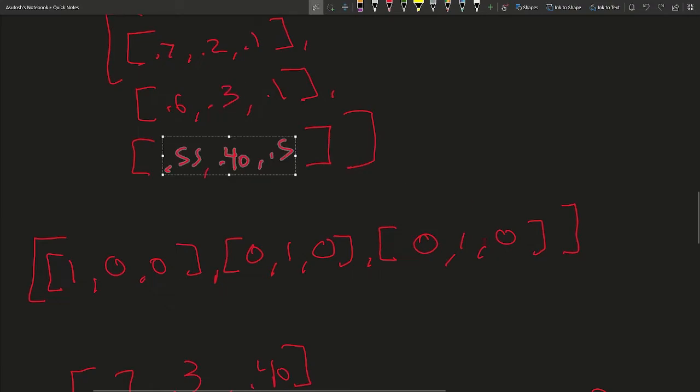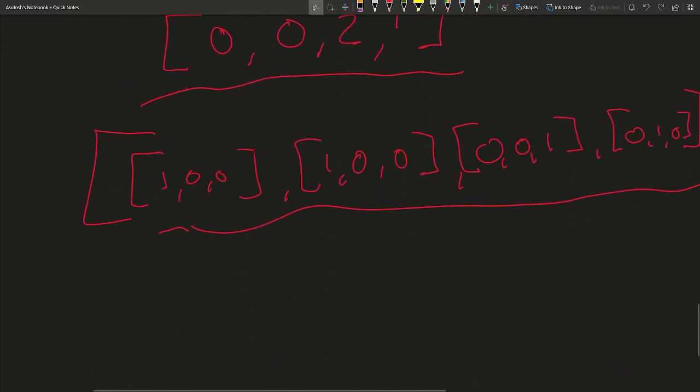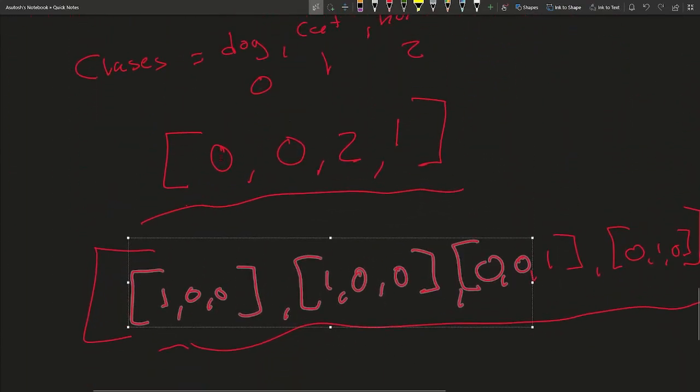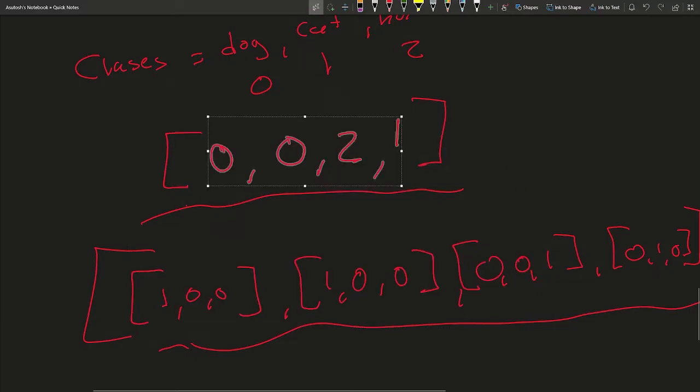Go to the third neuron, go to the second index, and get 0.4. So this is what we do for one-hot encoded vectors. You can already see how these one-hot encoded vectors are completely different from these 1D vectors that represent what class an actual input is equal to in the data set, right?